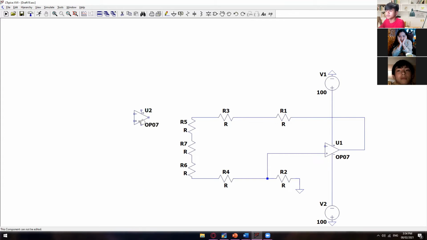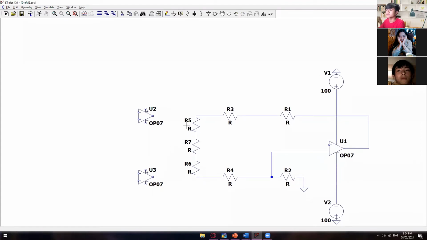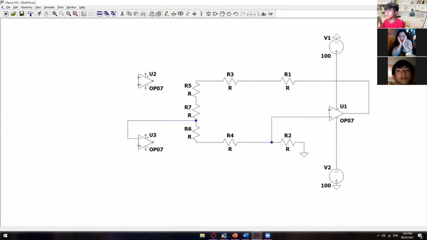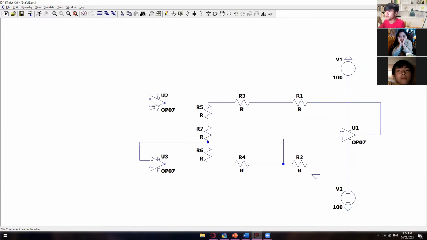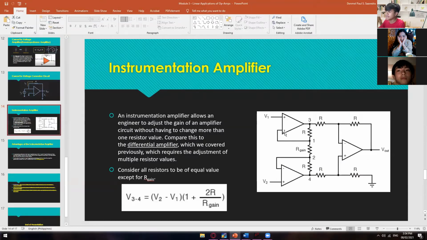Okay, let me just copy this one, and this one is connected right here. As you can see right here, we have positive on the lower portion of our op amp, but in here we have the negative side.